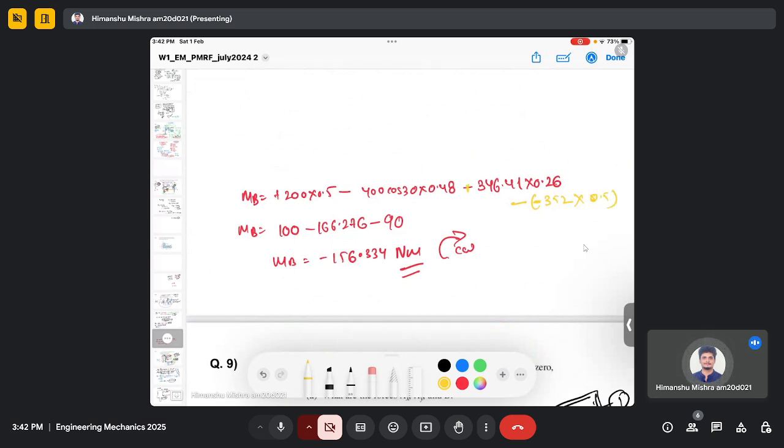So this should be plus, because it has a negative moment, but the force is also negative. So minus minus will become plus.